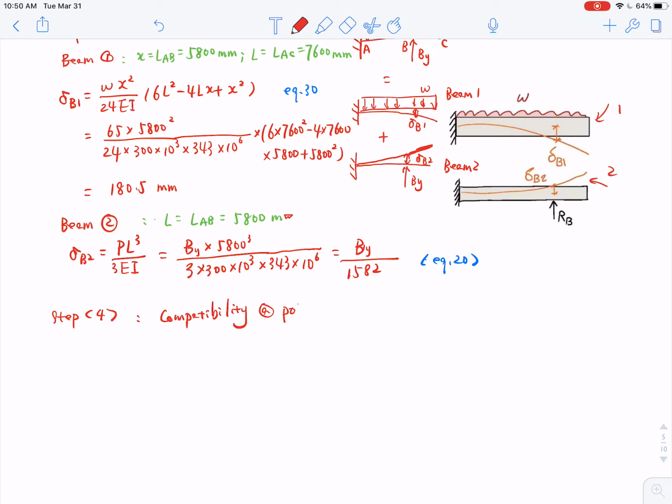At point B again. What is the compatibility equation? So here we just need to consider the gap at this point.